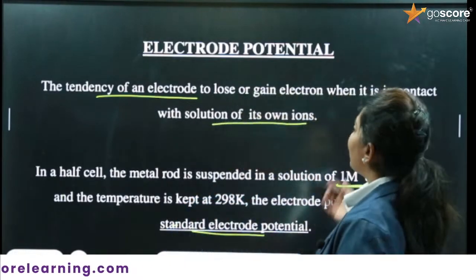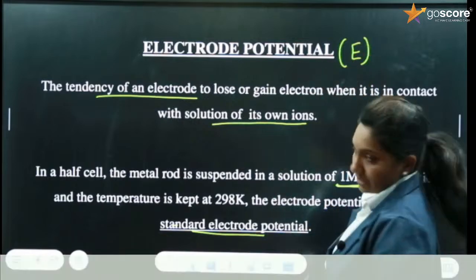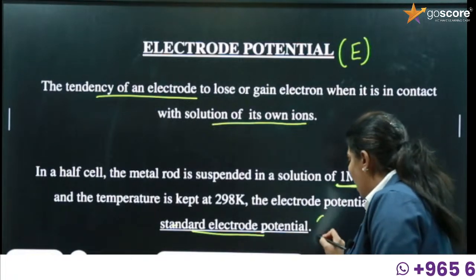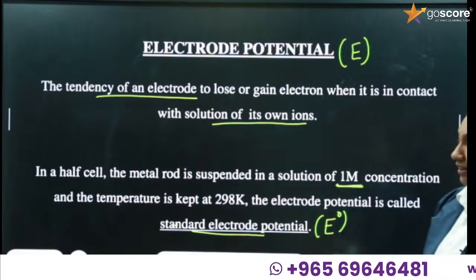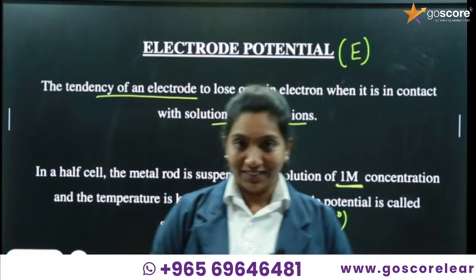We usually represent the electrode potential with a capital letter E, and the standard electrode potential we represent with E naught. That is the representation of standard electrode potential.